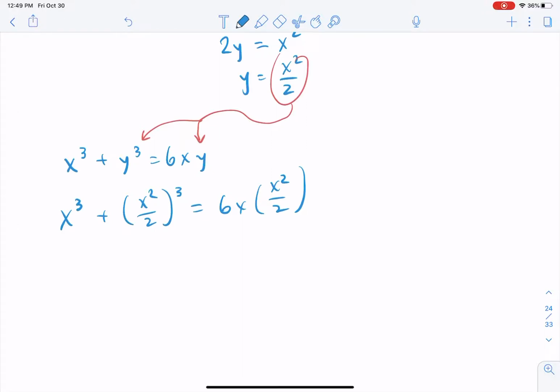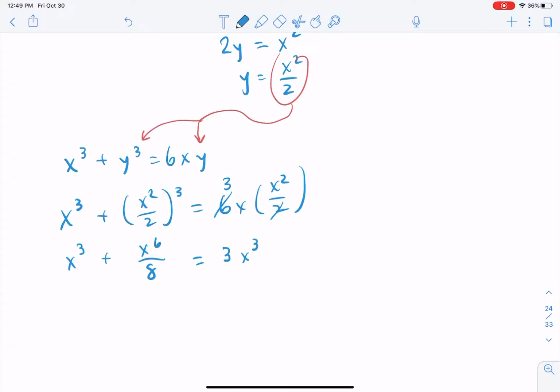Let's simplify it. Squared cubed is going to give us x to the 6th over 8, right? Is equal to, I can take half of that 6, make that 3, combine up the x's, I've got 3x to the 3rd.